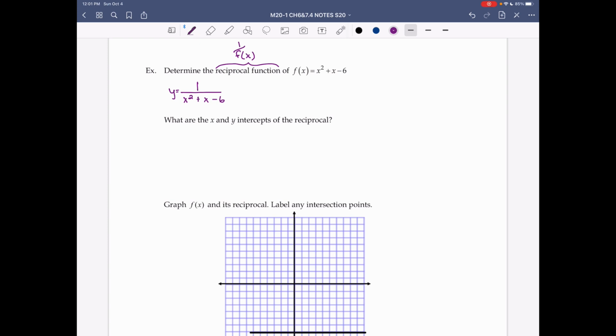Let's factor that. Two numbers that multiply to negative 6 and add to positive 1. That would be x plus 3, x minus 2. Now we can see what our non-permissible values are.